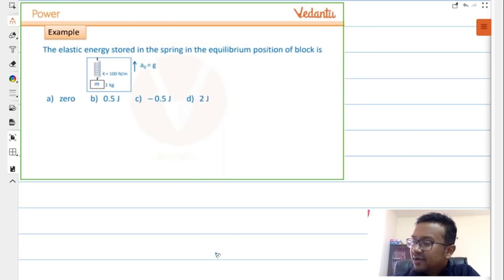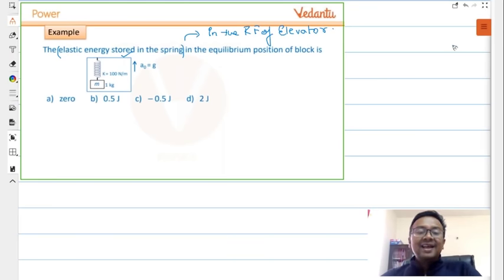Now here they want us to calculate the elastic energy stored in the spring in the reference frame of the elevator. Okay, students. Now, if I have to do it in the reference frame of the elevator, where should my observer be, students? Definitely inside the elevator.